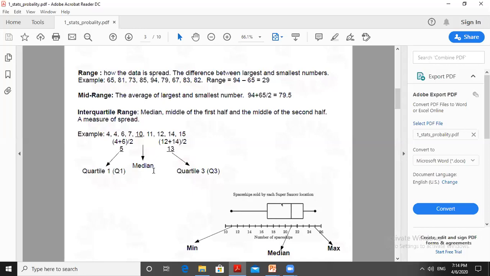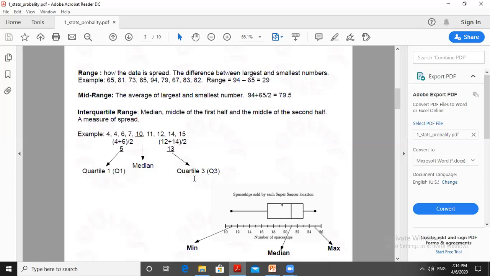For the right half, 11, 12, 14, 15, the median is 12 plus 14 by 2, 13, which is quartile 3. Now I can define the IQR equal to Q3 minus Q1. That is 13 minus 5 equal to 8. That is the IQR value of the data points.